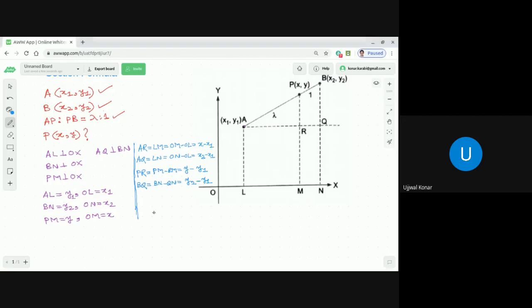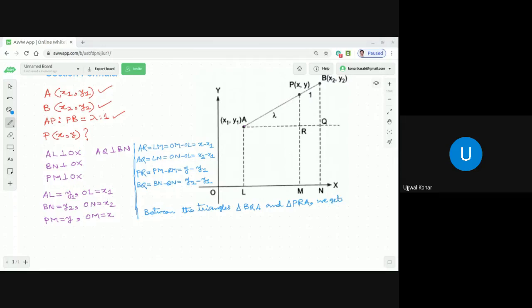So what are the two triangles? The first triangle is BQA and the triangle PRA we get.